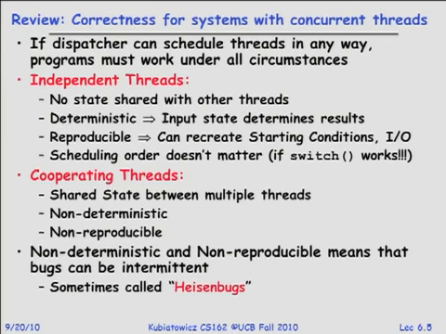I'm hoping that at the beginning we scare you enough into making sure that threads sharing state are designed cleanly so that state sharing does not lead to weird answers. That's going to be our goal of synchronization, and that's the topic of today. Any questions on this before we go on?